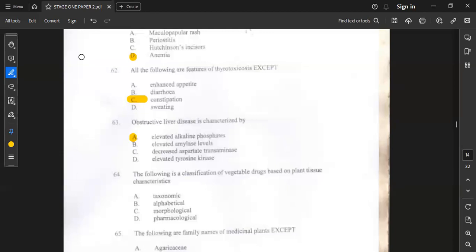I think it's morphological. What do you guys think? Because it's saying based on a plant tissue, that's more morphological. Okay, somebody else says taxonomic. Is it for question 64 or 63?